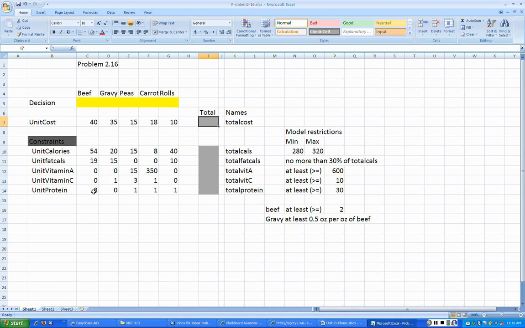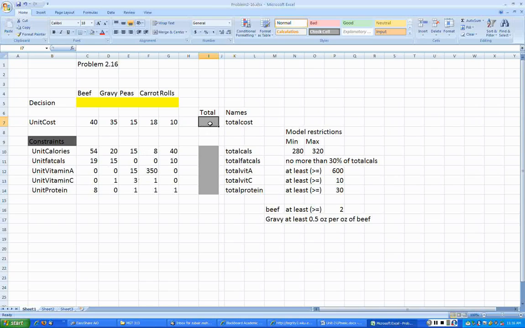On the other hand, carrot costs you 18 cents per ounce, and you get 8 calories, none from fat. You get 350 units of vitamin A, 1 unit of vitamin C, and 1 unit of protein. So each one of these ingredients has different combinations.